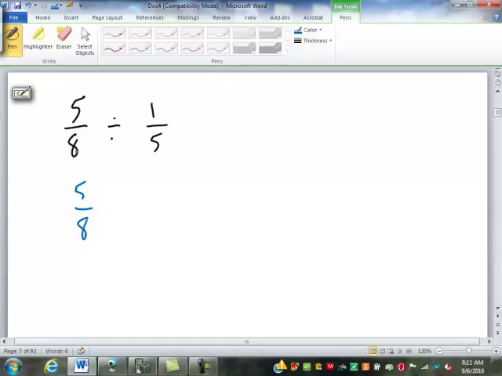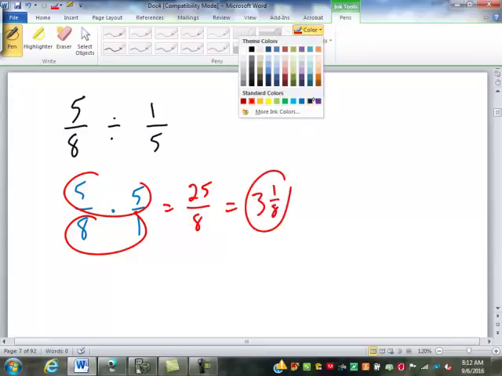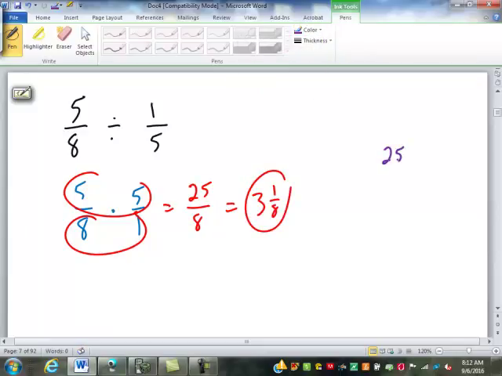The 5/8 does not change. The first number never changes. The one we're dividing by becomes 5/1. So now it's 5 times 5 is 25, 8 times 1 is 8. That is 3 and 1/8 when you reduce it. If you're wondering, 25 divided by 8 is 3 with 1 left over. So 3 and 1/8.